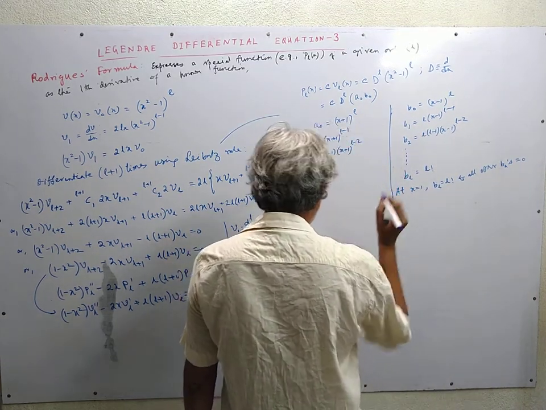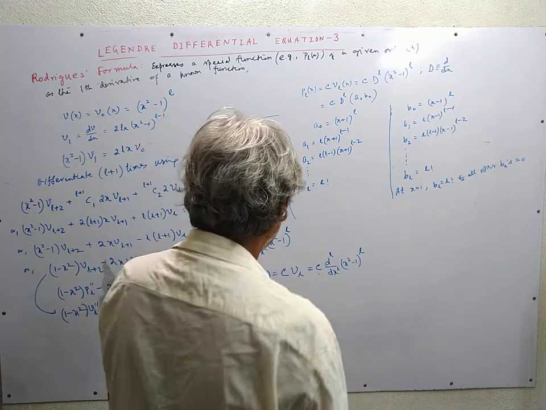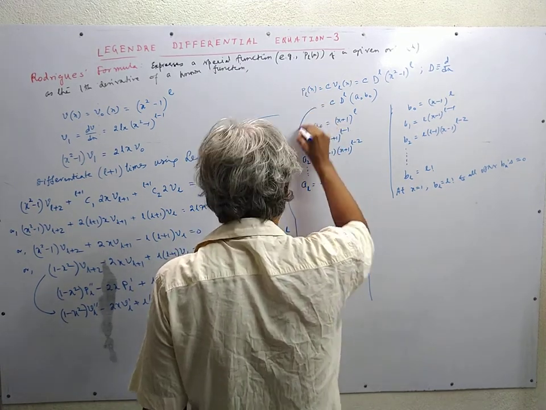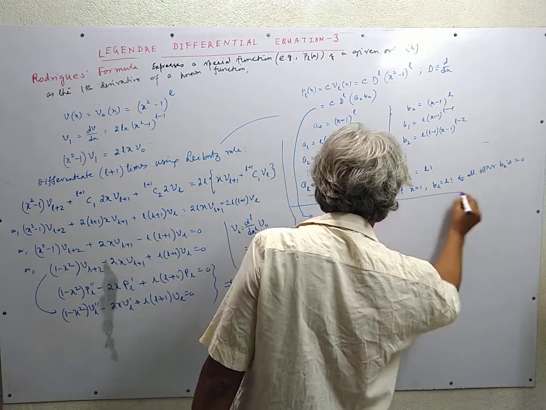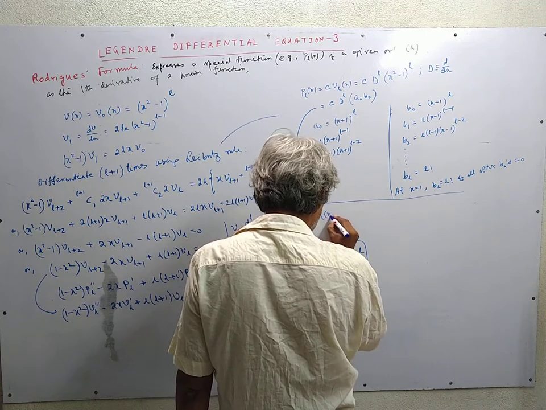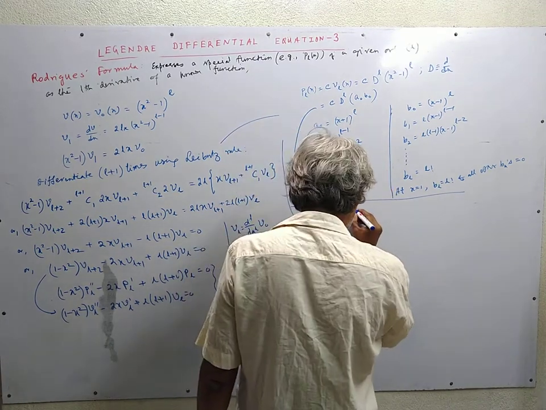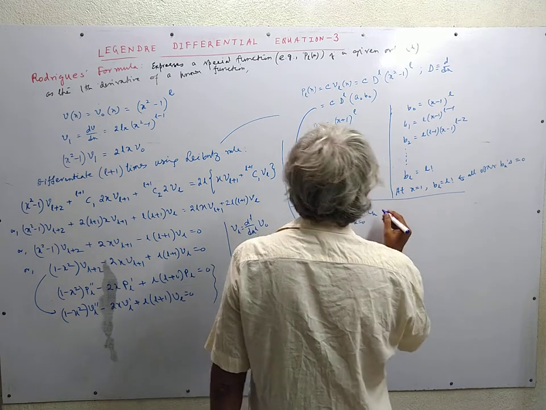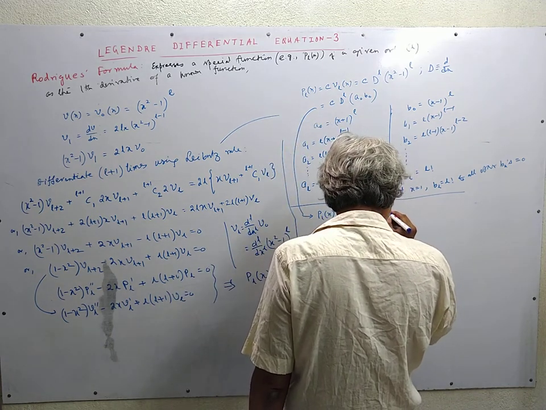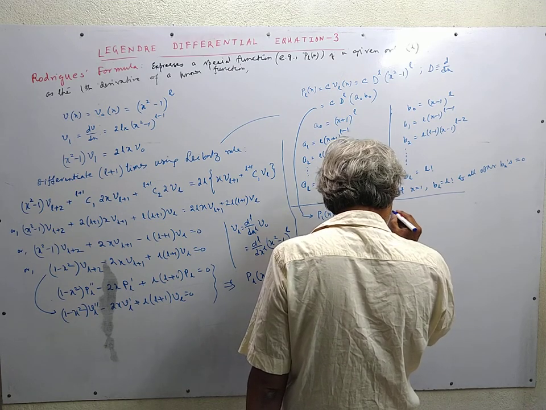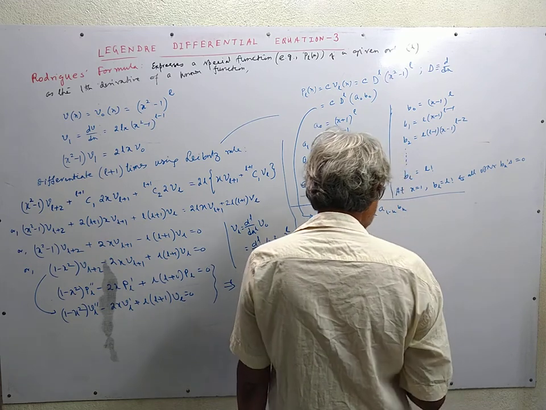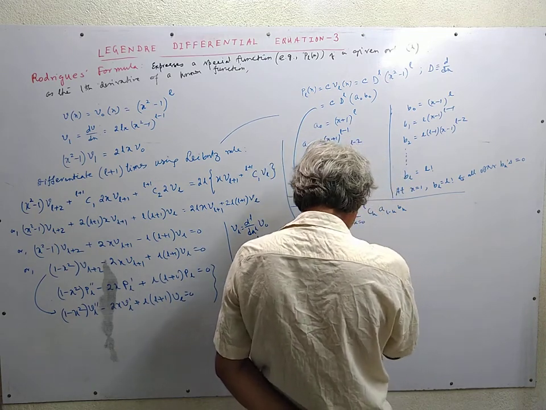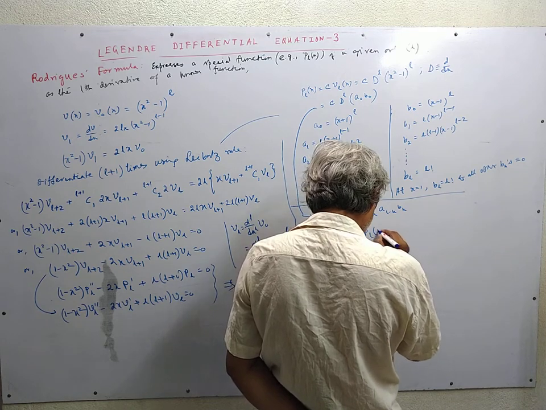And so if we write PL is equal to C times the sum over AK BK, and we set PL of 1 is equal to 1.